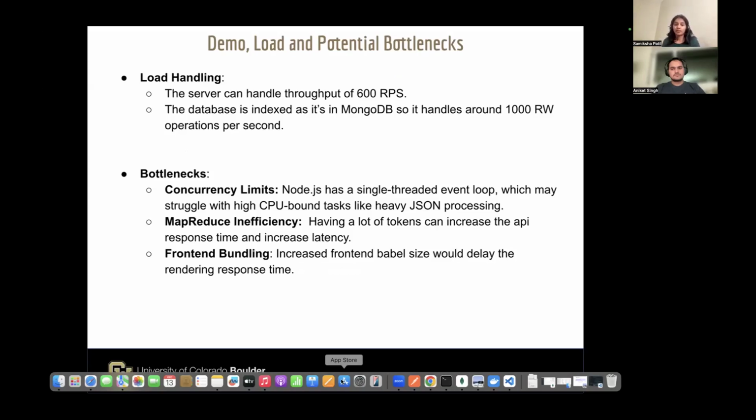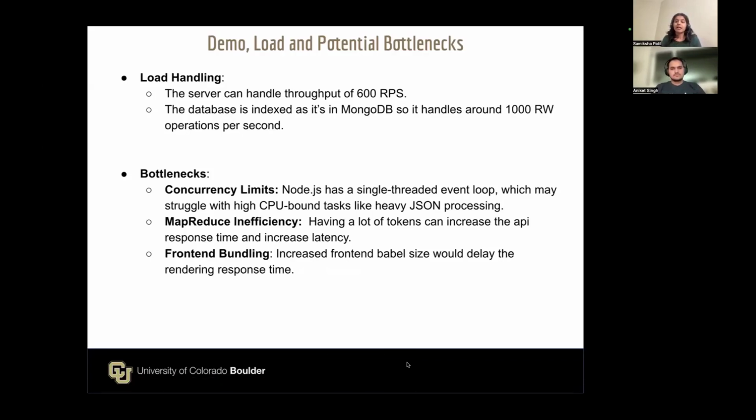For bottlenecks, there could be concurrency limits as Node.js has a single-threaded event loop. MapReduce could sometimes be inefficient if there are a lot of tokens. If the user has provided a huge query, there might be some latency, so we can also use some ML model as an improvement for the future scope. For front-end bundling, increased bundle size would delay the rendering response time.